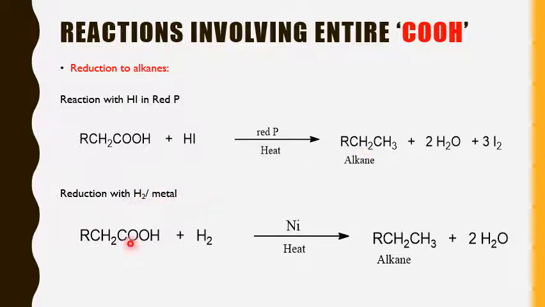As I said, ruthenium and hydrogen is a soft reducing agent which can reduce only the carbonyl functional group. If you have a very active metal such as nickel and hydrogen, it will reduce the entire COOH group to the corresponding alkane. I hope you remember when I reiterated it last, during the reactions of COOH.